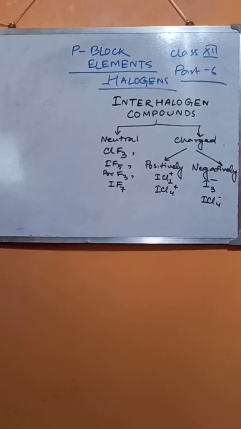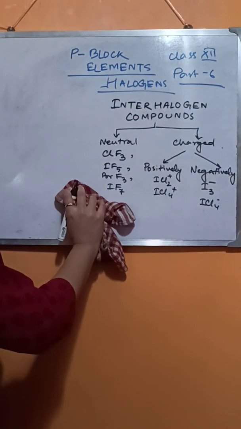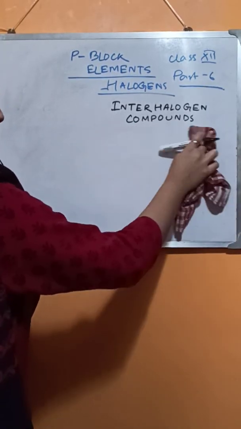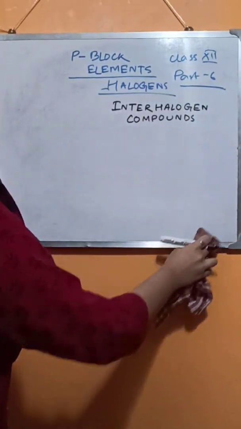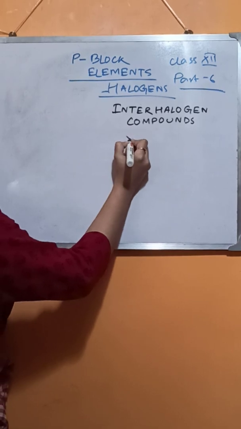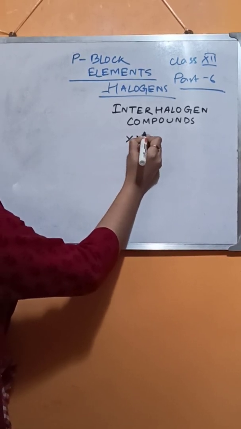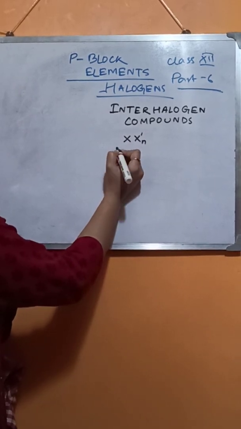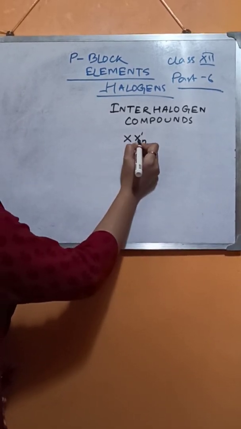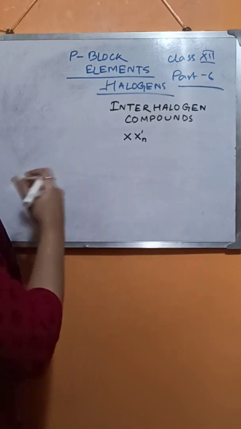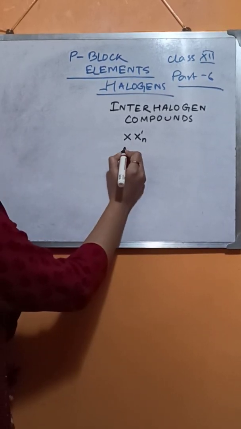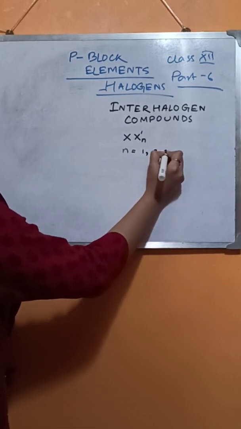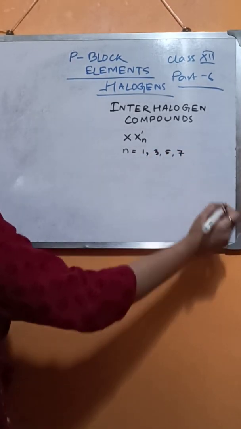There are four types of interhalogen compounds. First let me give you the general formula of interhalogen compounds. General formula is XX'n, where X is a particular halogen atom and X' is another different halogen atom. And the value of n can be 1, 3, 5 or 7.